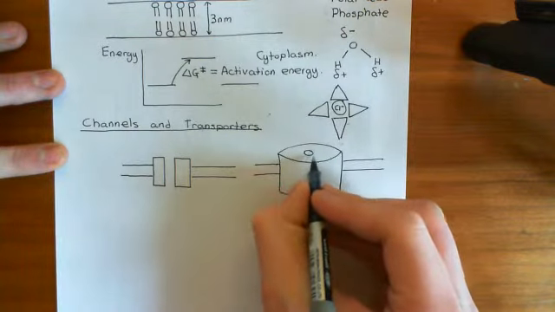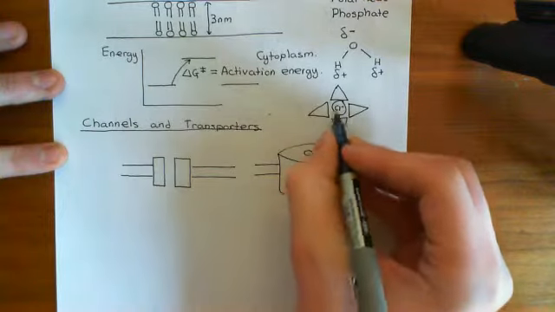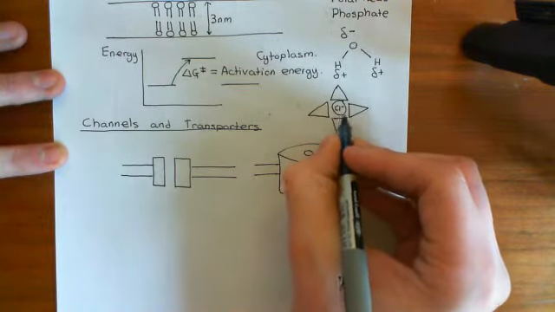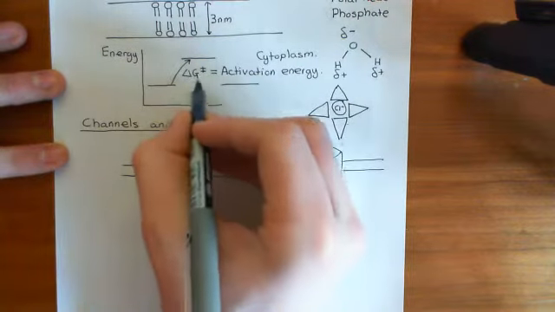So you've got a number of polar amino acid residues all the way through the pore, which will interact beautifully with the ion.